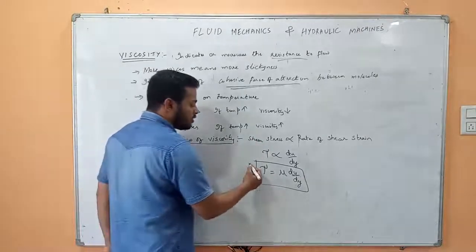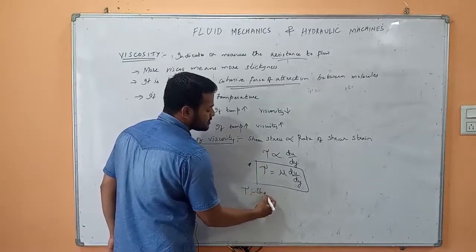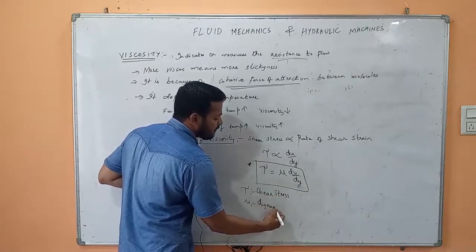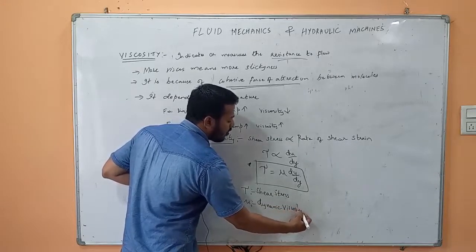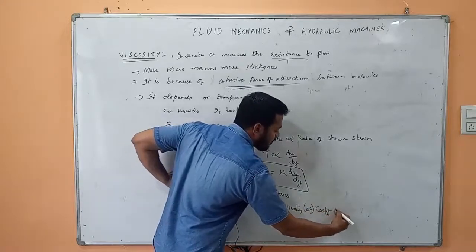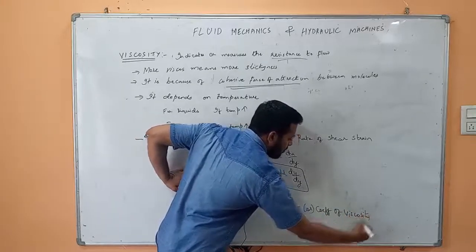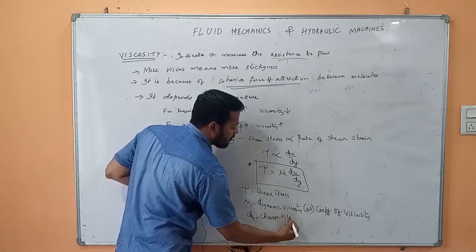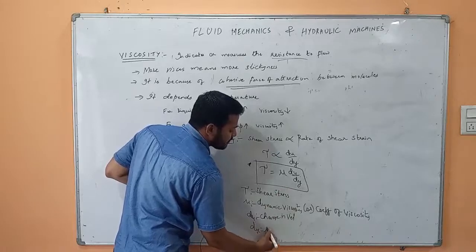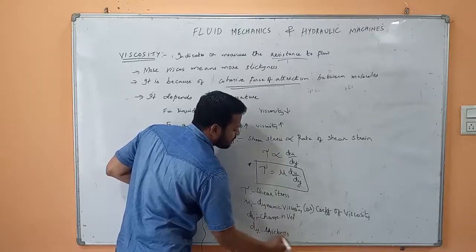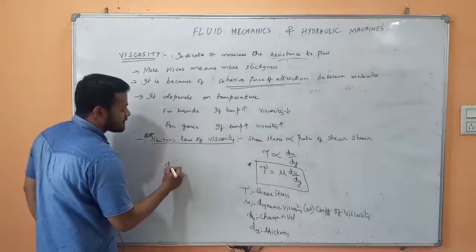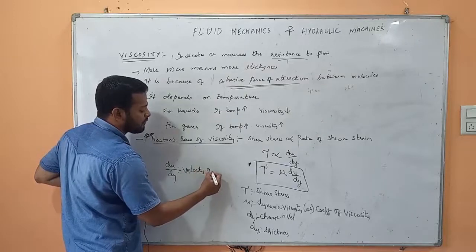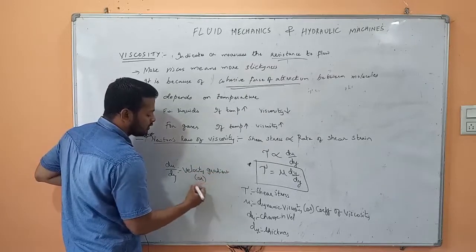That's the formula for Newton's law of viscosity, where tau is called shear stress, mu is called dynamic viscosity or coefficient of viscosity, du is called change in velocity, dy is thickness, and du by dy together, one term, is called velocity gradient, or rate of shear strain.